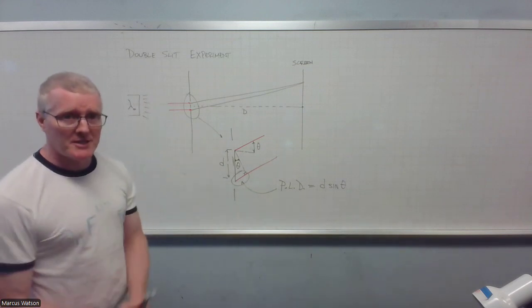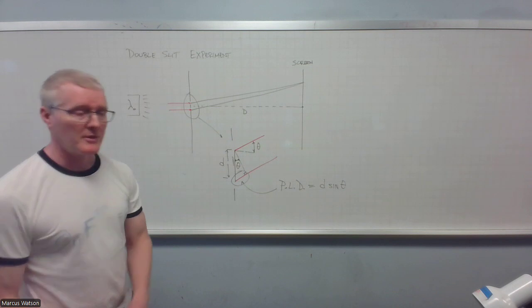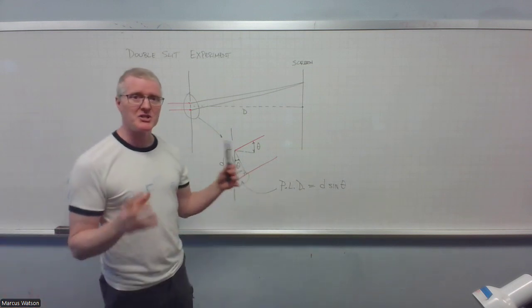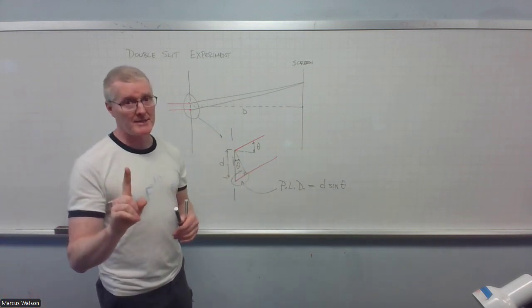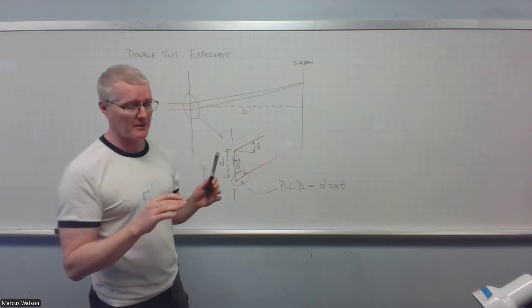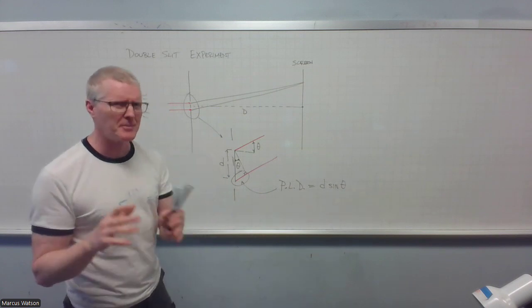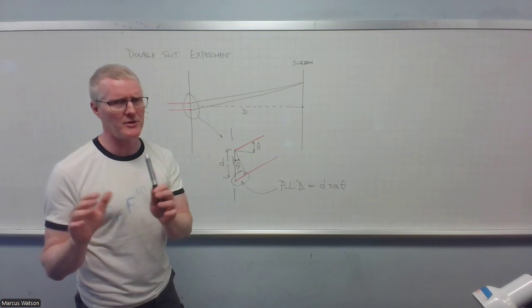In the approximation that we're talking about small angles, theta is small and it has to be in radians. If you're doing this type of thinking, typically you don't calculate anything on a calculator in radians.